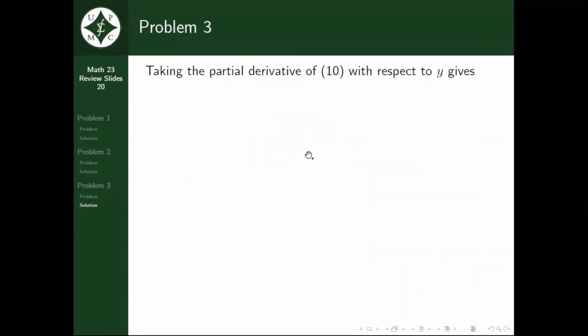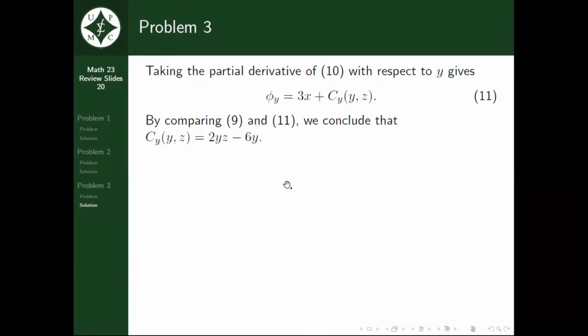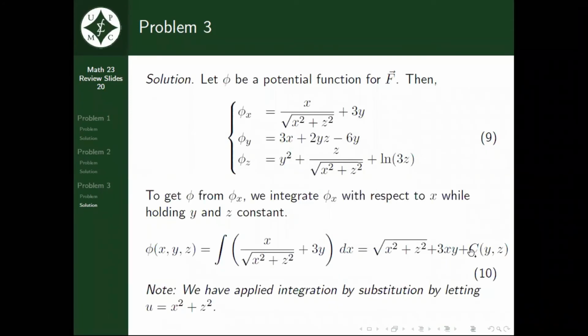And then we take the partial derivative of the previous equation with respect to y, which is this one. Okay, ingat sa notations natin. And then by comparing equations 9 and 11, this one and yung kanina dun, we have this expression, this function. Okay? Kanina kasi this is a function of y and z.